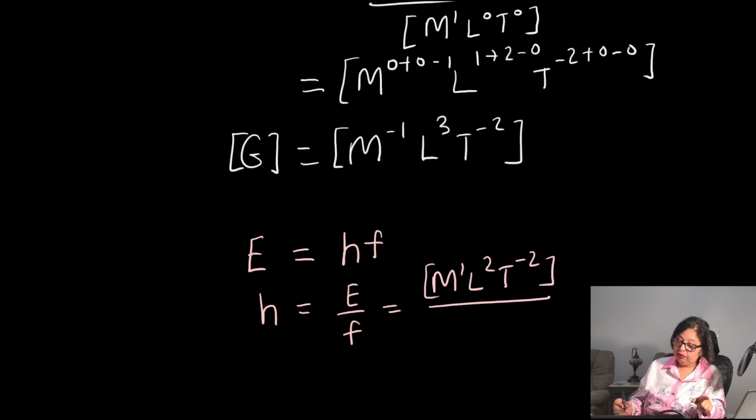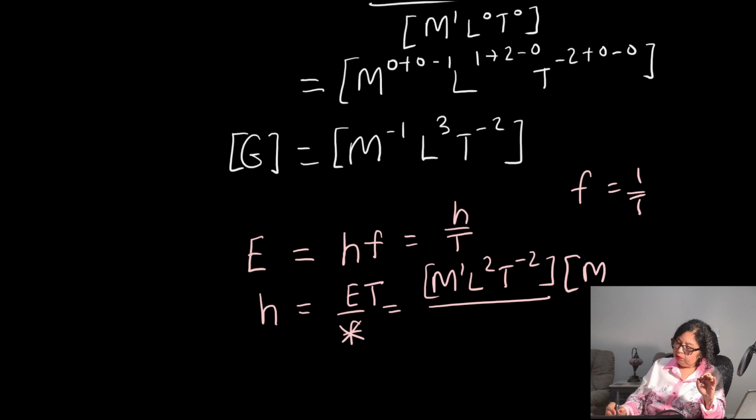And frequency is 1 over time period. So instead of this over here, I could write T at the top. So that gives me m0 L0 T1.